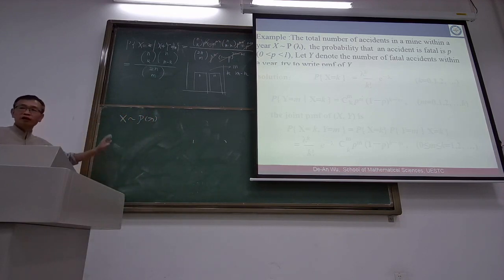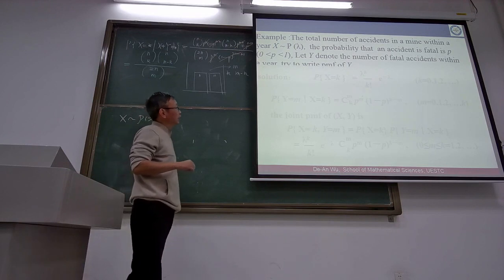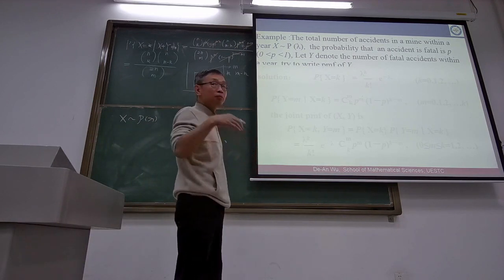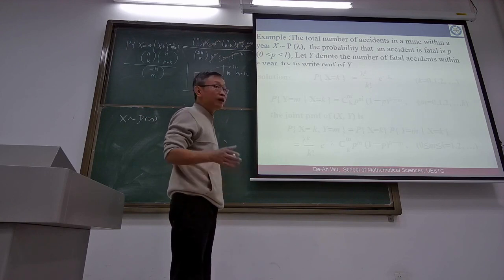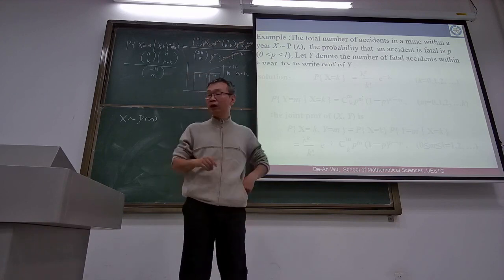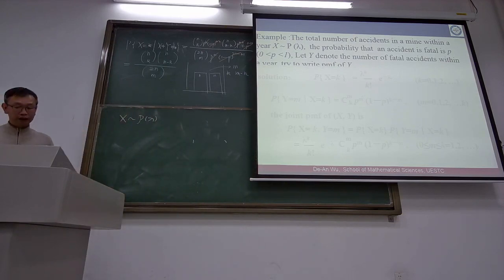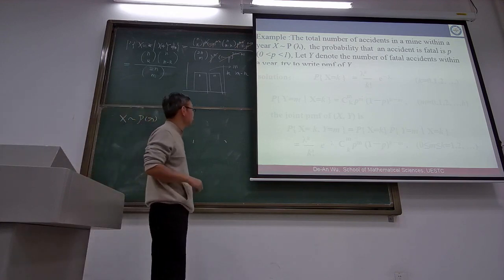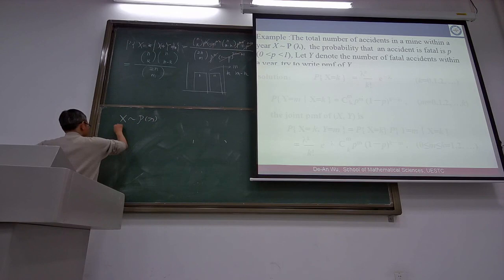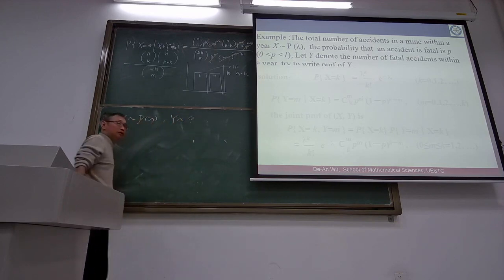Assume that the probability that an accident is fatal is p. Let Y denote the number of fatal accidents within a year. Find the PMF of Y. Which distribution does Y follow?